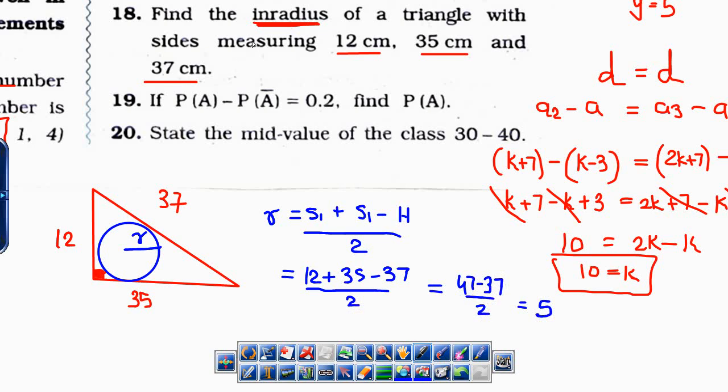The answer is 5. The inradius of the triangle is 5.